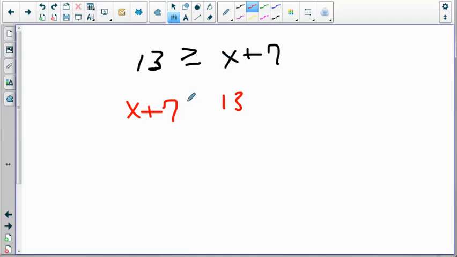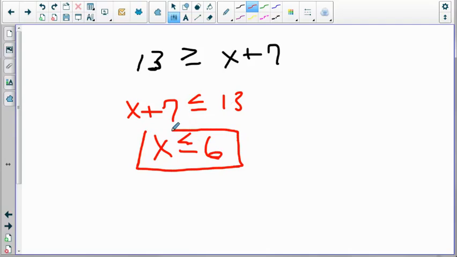Well, the inequality is pointing to the variable, so it still needs to be pointing to the variable down here. And once again, we do exactly like we've done before. We treat it just like an equation. Take 7 away from both sides. Well, x is less than or equal to, what is 13 minus 7? It is 6. That we can graph.